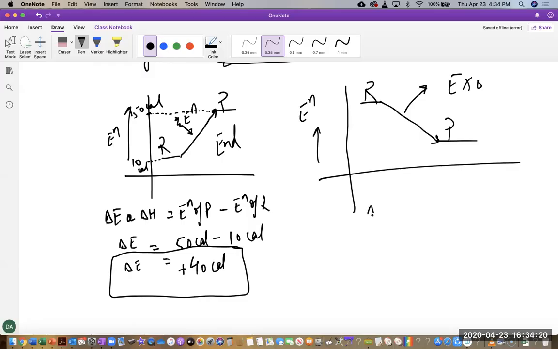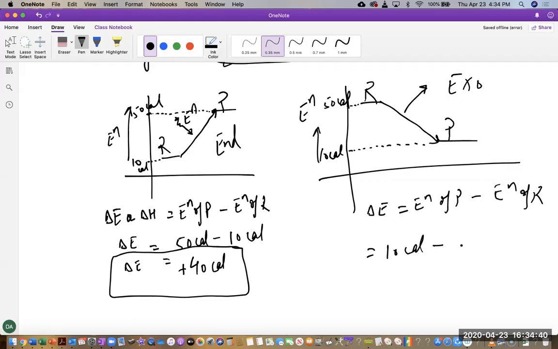If we do the same thing here and try to find delta E, which is the energy of the product minus the energy of the reactant, and I give these the same numbers, so let's say this time the product is 10 calories and the reactant is 50 calories. Then the energy of the product, 10 calories, minus the energy of the reactant, 50 calories, gives a difference of negative 40 calories.